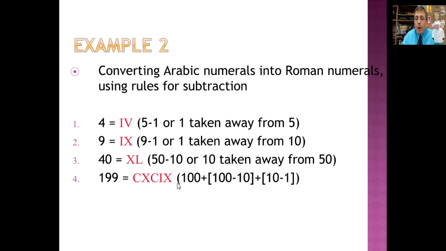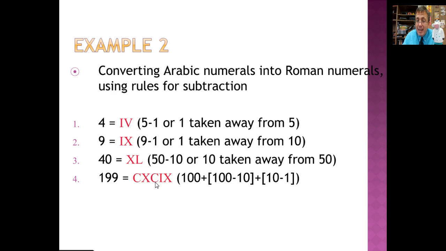Looking at subtracting, it's always the larger number following the smaller, where the first number is taken away from the second. So 4 is literally 1 from 5. 9 is 1 from 10. 40 is 10 from 50. 199, and this is where it gets a little confusing, is the largest number, 100, with 99, which is this.